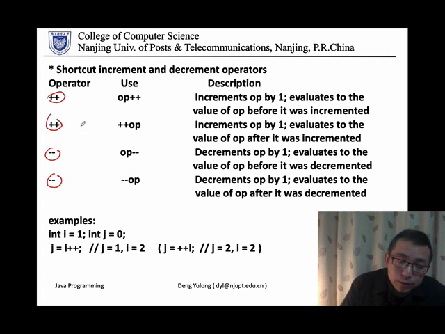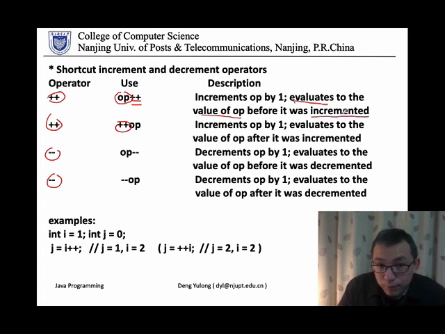But you should notice there is a difference if we put the double plus sign behind the operand or in front of the operand. If we put the double plus sign behind the operand, the first step is to evaluate the value of the operand, and the next step is to make the increment.